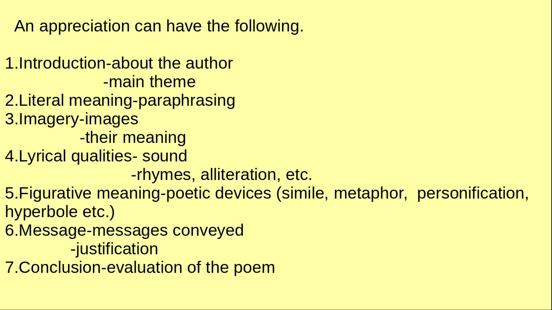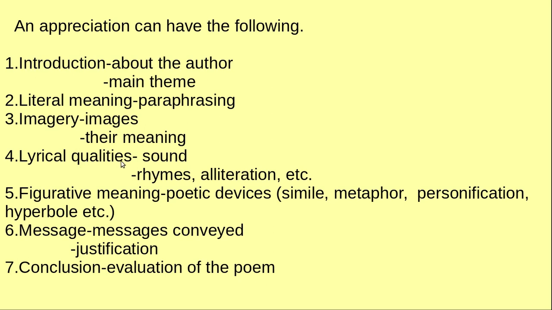In the introduction, the author should be mentioned and the main theme should be there. Next, literal meaning, that means the paraphrasing of that part should be written. That means you have to change the language into prose language. Next one is imagery, which are the images and what their meaning is, you have to write.